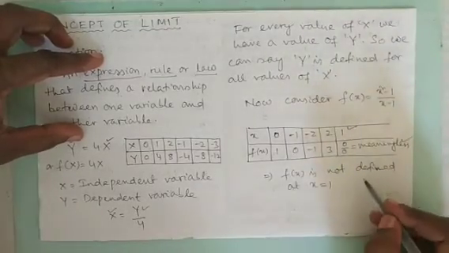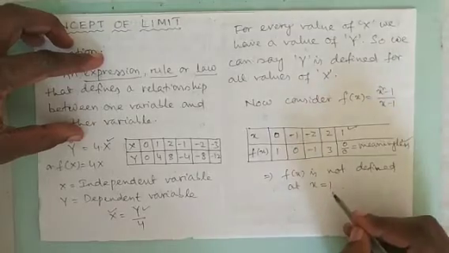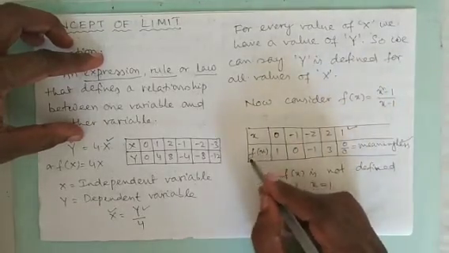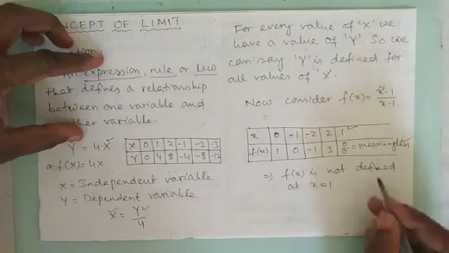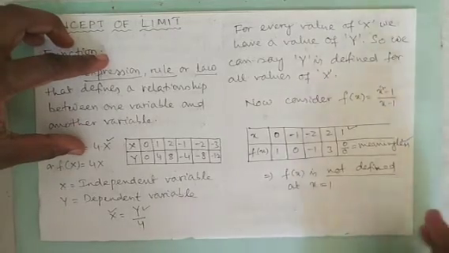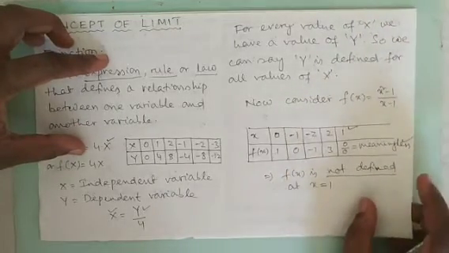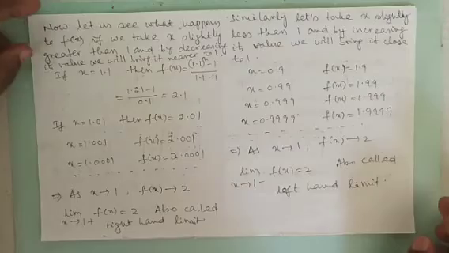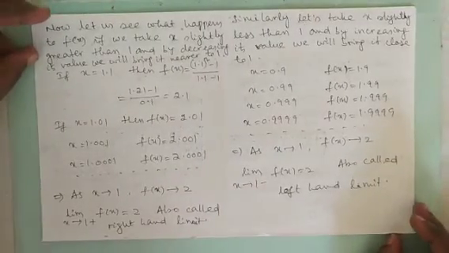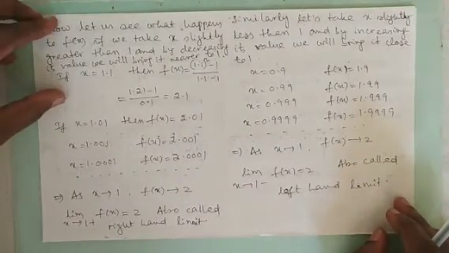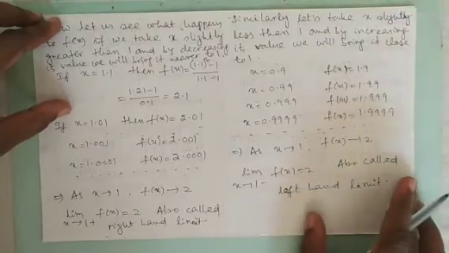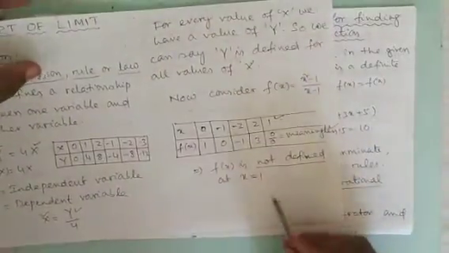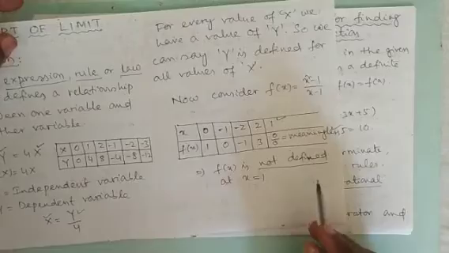So f(x) is not defined at x equal to 1, because we are not getting any value of f(x) for x equal to 1. In such a case, we are not able to find the value of f(x) at that particular value of x.